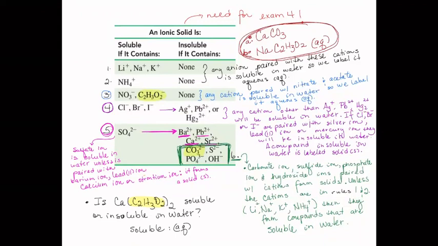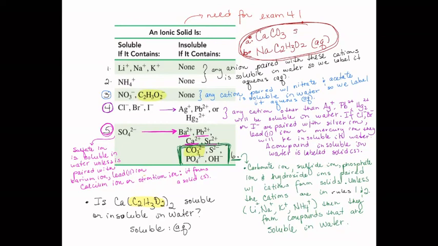Rule number 3, because acetate is present, and that is always soluble in water. In addition, rule number 1, because anything that has sodium in it is aqueous. Let's look at the calcium carbonate. Is that aqueous or solid? Great job, Isaiah. Yes. Calcium carbonate is going to be solid.